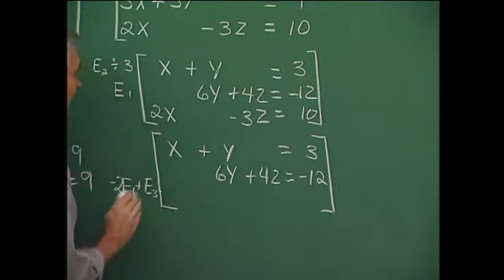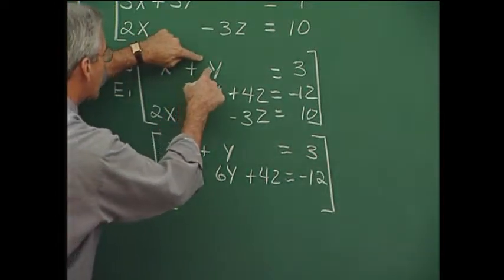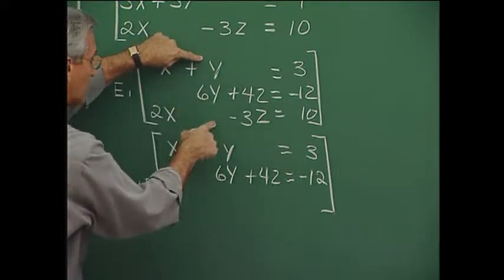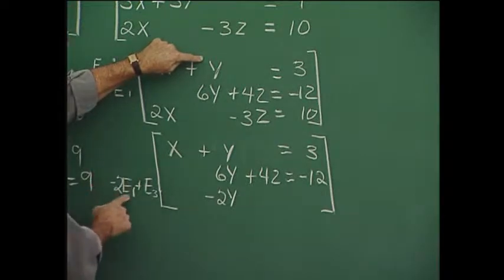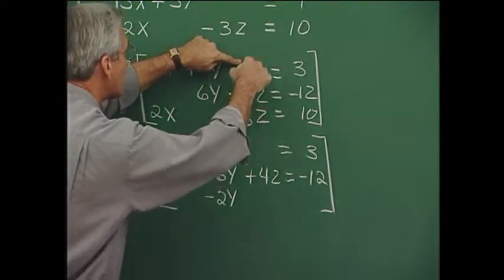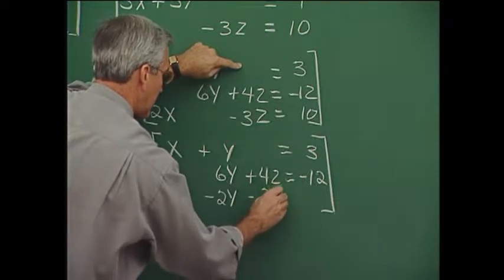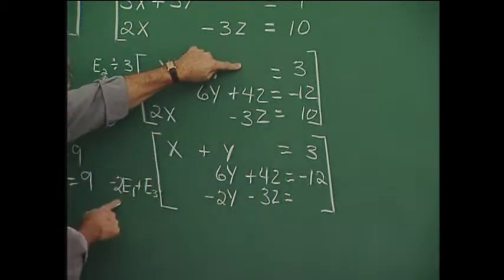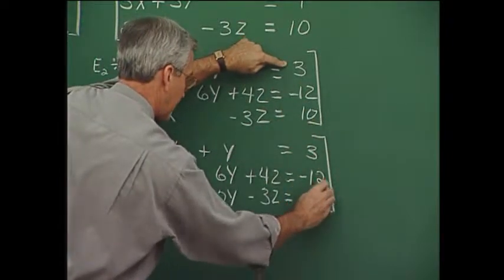Okay, now let's go through the other terms and do the same thing. Negative 2 times y, negative 2y plus vacancy is negative 2y. Negative 2 times vacancy is nothing plus negative 3z is negative 3z. Negative 2 times 3 is negative 6 plus 10 is 4.